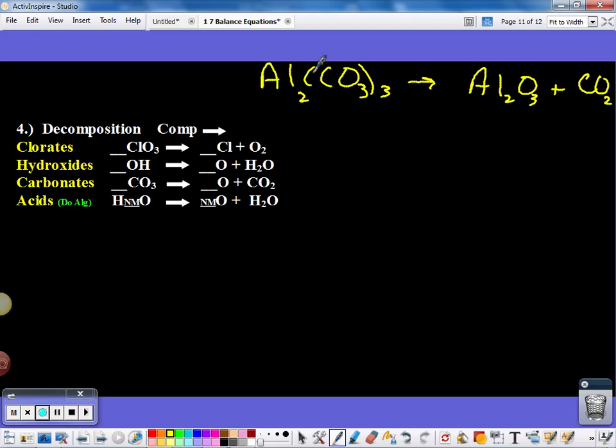This is not a C, it's a parenthesis. So I have 2 Als and 2 Als. I have 3 Cs, so I'm going to put a 3 right there. I have 9 O's, so over here I have 3 plus 6 equals 9. Okay?